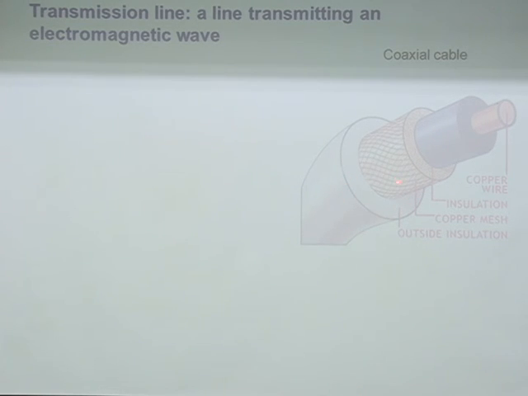The electromagnetic energy is guided inside this coaxial cable. So this is the simplest transmission line structure: copper in the center, then an insulator, and then metal outside again.